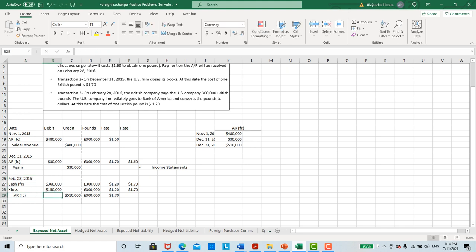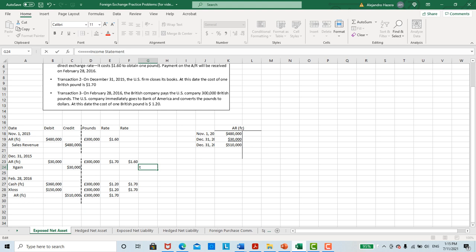We lost 150,000 this year, but we gained 30,000 last year. So on a net basis, you had an exchange loss over the entire transaction of $120,000. But just like all accounting, you've got to show losses and gains in the year they occur, matching principle. Okay, so this went on to the income statement.